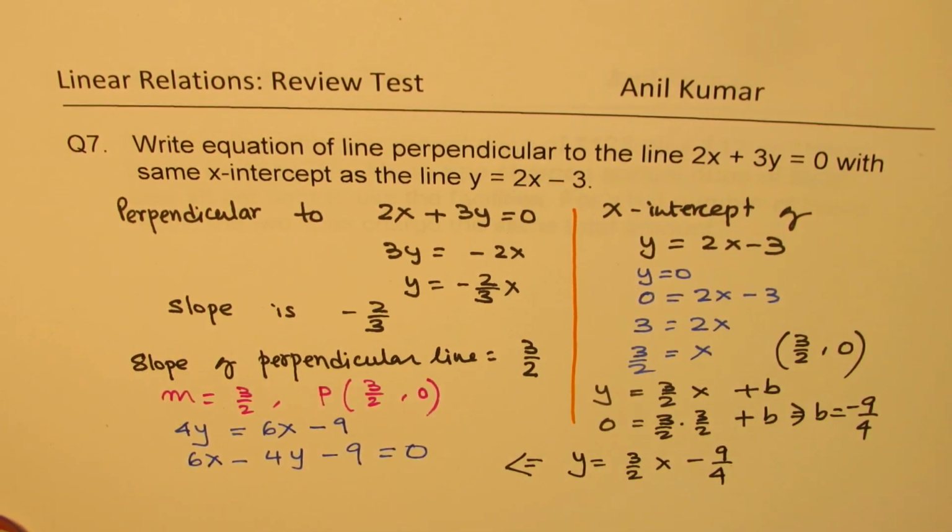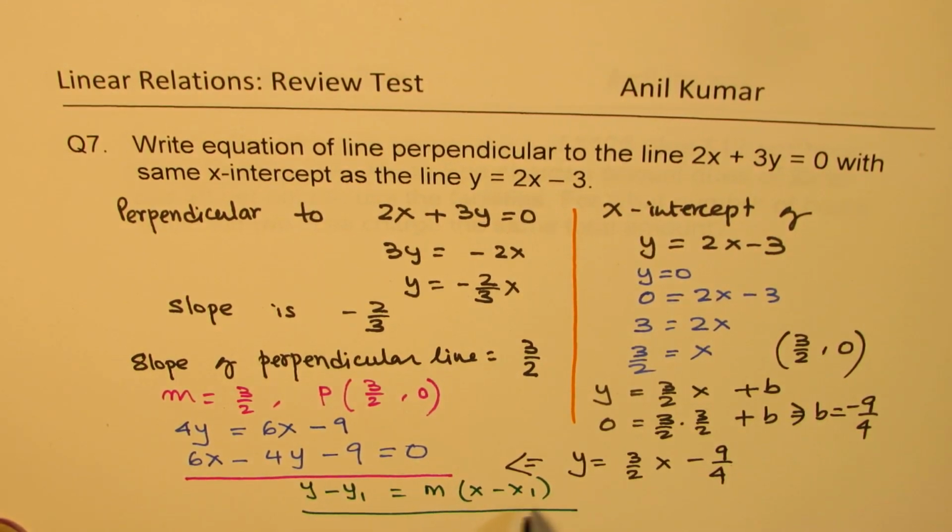So that could also sometimes be required. Convert that to standard form. Do you get the idea? So what we did was we found this equation. At times we may also use another formula, which is y minus y1 equals m times x minus x1, to get the equation. So that is an alternate.